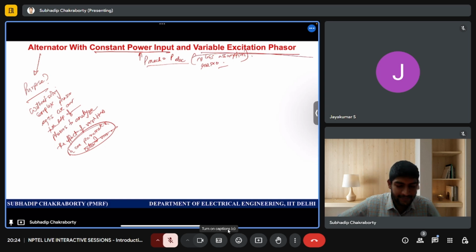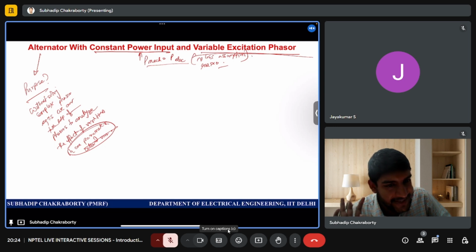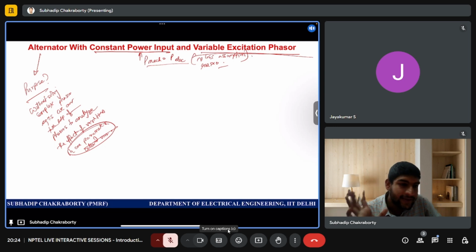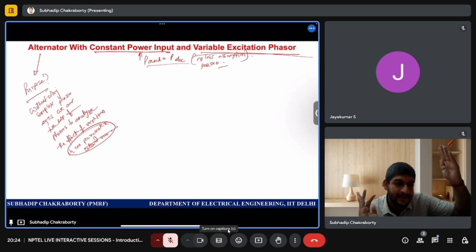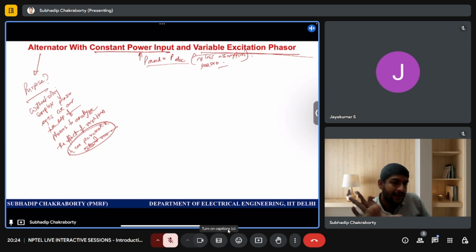Let us see what happens. So there is a constraint that power is not varying. Let's see what is the effect of variation on EF. I told you, EF, angle. Let us see what varying it causes. Varying it means amplitude wise, not the angle. Angle will be decided by KVL. Let's see how we do it.